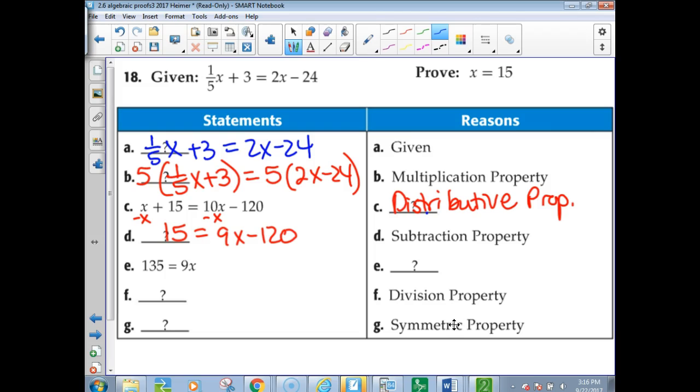Okay, and what are we going to do next? What would you do next so that we get 135 equals 9x? Yeah, add 120. So that would be by addition property that you got there.